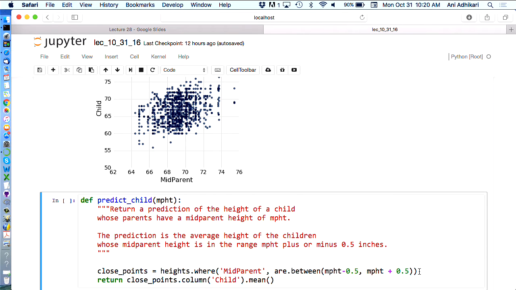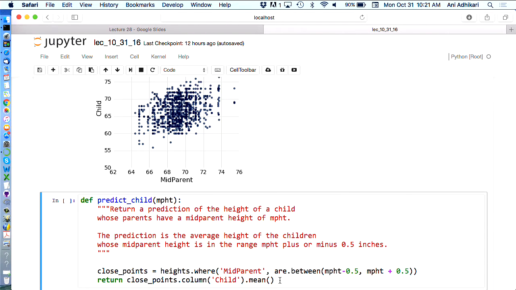That line there, close points, is a what? Close points up there in the code is a number, an array, a table, a what? It is a table. It is derived from the table heights. You're doing .where, that returns a table to you. And it selects exactly the rows where you have mid-parent heights in the range given.